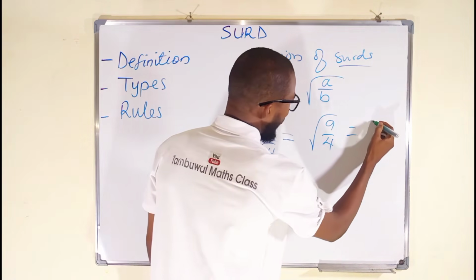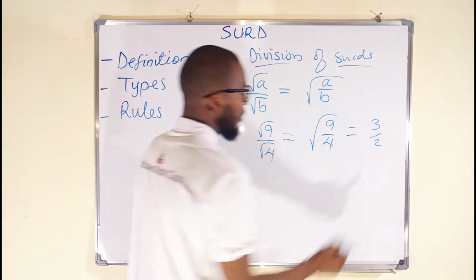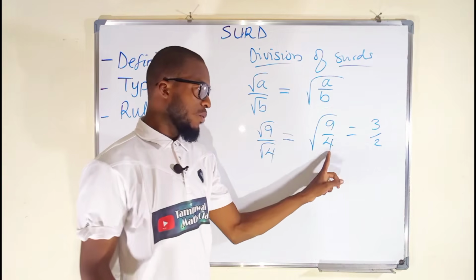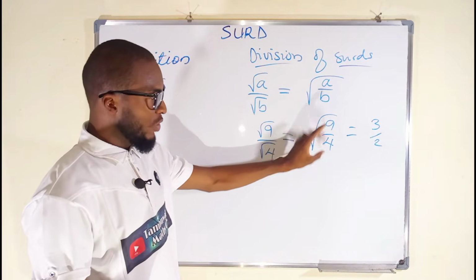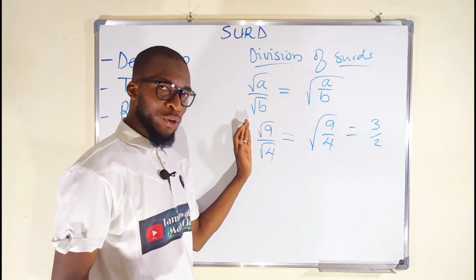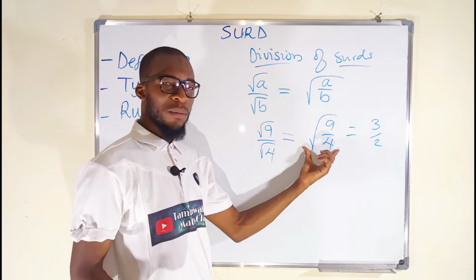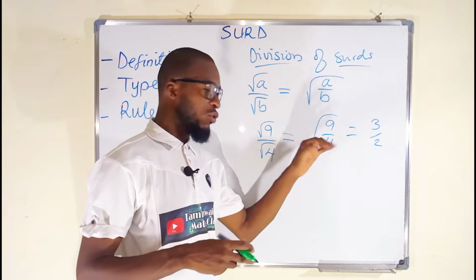And this is equal to 3 over 2, because the square root of 9 is 3, the square root of 4 is 2. Once you cannot simplify them, just take their square roots separately. So you can even take it from here without transforming them into this form. But if they can be simplified, it is always better to do that.